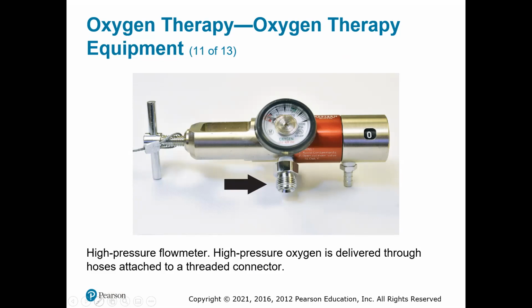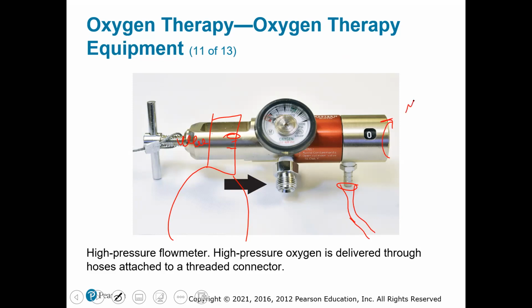So let's draw this up here. You've got your oxygen tank goes here. There's my little pin indexing system. You're going to twist this to tighten it, so this is nice and secured. You're going to put your tubing to go to your patient here, and then rotate this to whatever you need.